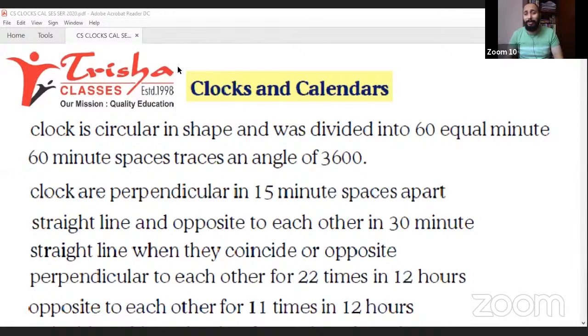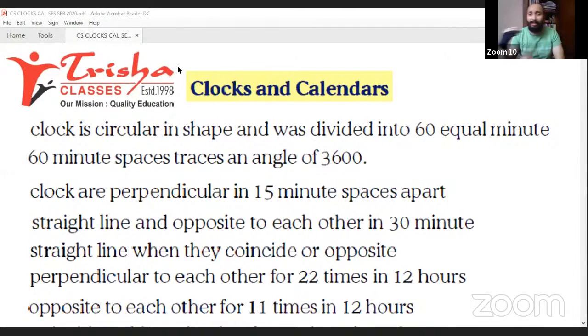If you divide 90 into two equal halves, it is 45 degrees. Half of 15 is 7.5, so every 7.5 minutes, that is 7 minutes 30 seconds, you will cover 45 degrees.